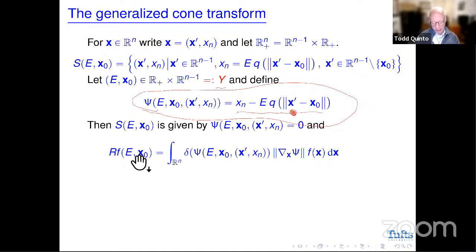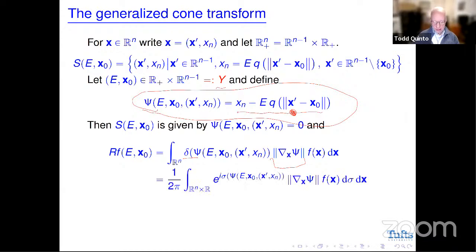And so the Radon transform can be written as a Dirac delta of psi times this weight that gives you the right measure on the surface. And it can be rewritten as e^(i sigma psi), where sigma is the Fourier variable in one variable.